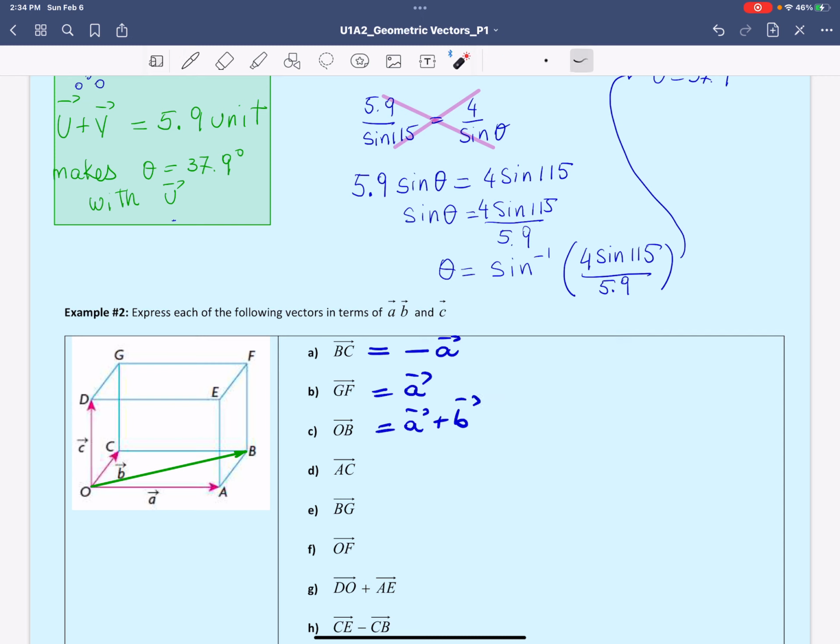So now vector AC. Here is A and here is C. When you look at vector AC, you can tell that it would be equal to, if we use this triangle, let's draw it first.